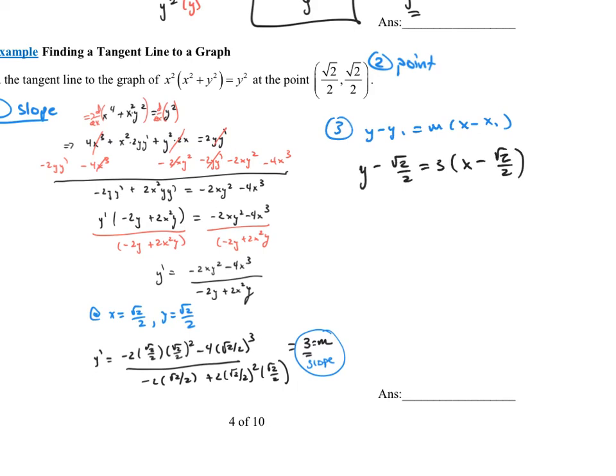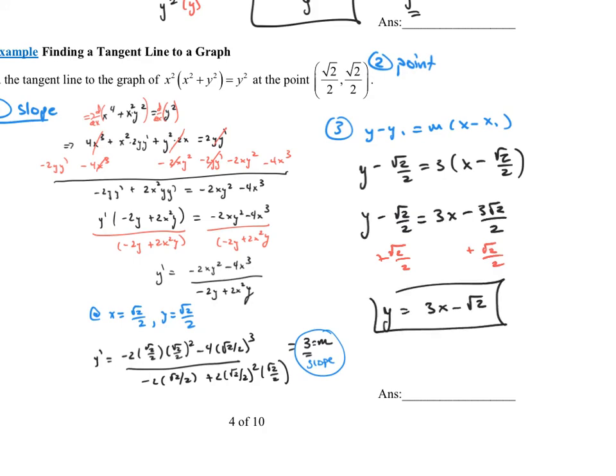I'm going to distribute the 3 times the x and the 3 times the root 2 over 2. So I have y minus root 2 over 2 equals 3 times x is 3x, and then 3 times root 2 over 2 is minus 3 root 2 over 2. I add a root 2 over 2 to both sides, and I end up with y equals 3x, and then that would be negative 2 root 2 over 2, and the 2's would simplify, so that would be just a negative square root 2.